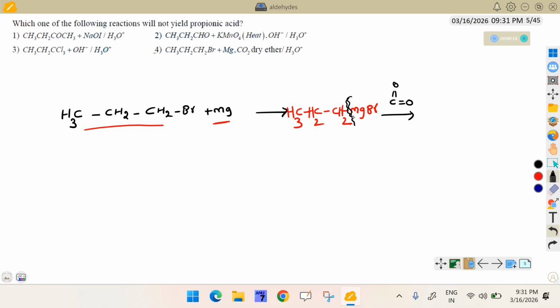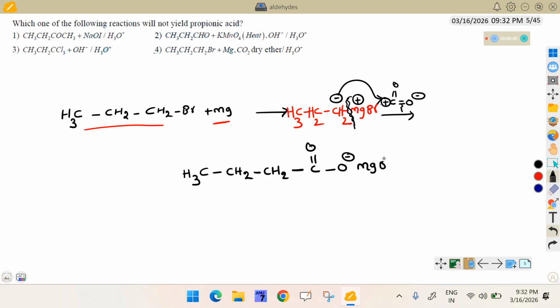Break the bond between alkyl group and magnesium. Magnesium gets positive charge, alkyl group gets negative charge. Break the bond between carbon and oxygen. Oxygen gets negative charge, carbon gets positive charge. The negatively charged alkyl group is attached here. Then it gives CH3CH2CH2C(=O)OMgBr.